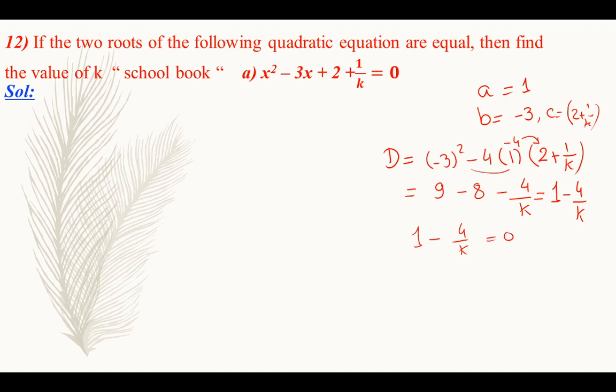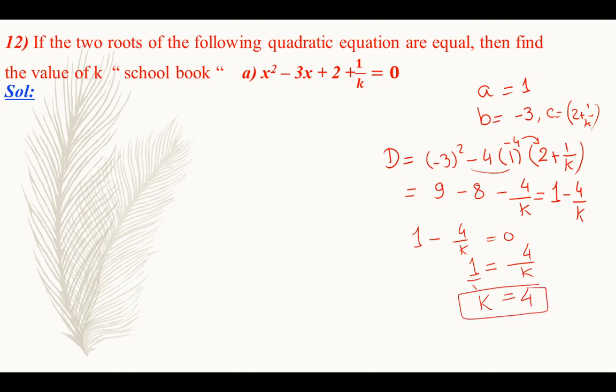Negative 4 over k will go to the other side, so 1 equals 4 over k. Cross multiplication: k multiplied by 1 equals k, and 4 multiplied by 1 equals 4. So you will find that k equals 4.